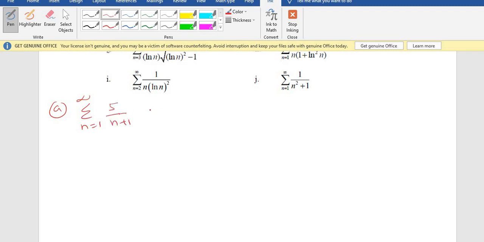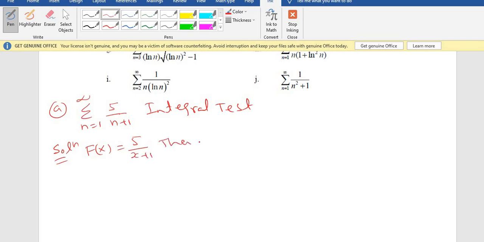Need to check with the integral test. Use the integral test for checking whether this infinite series is convergent or divergent. So for that, what we need to do is write f of x equals 5 divided by x plus 1, changing n to x.